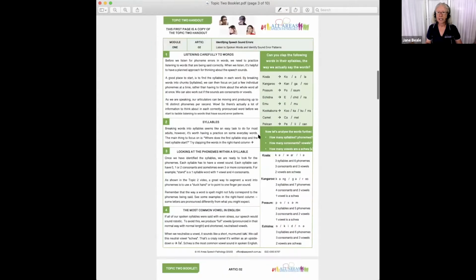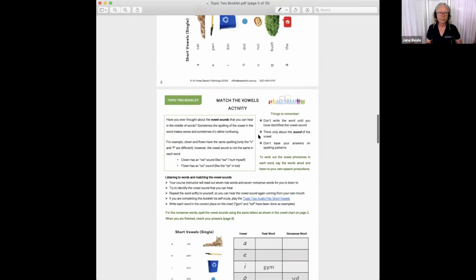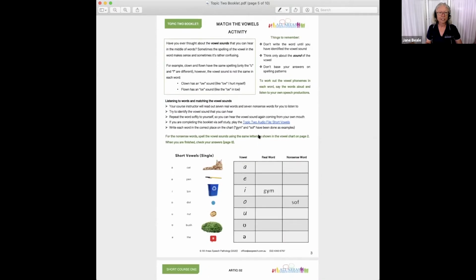We're going to check out the handout, which appears in this booklet, and it's a repeated page here, so we've got all the information together. And then we're going to look at a vowel chart, because last week we were looking at consonants and today we're looking at vowels. And then we've got some activities to do together.